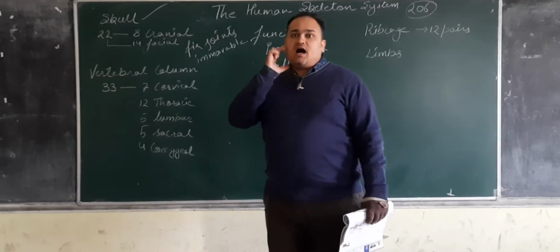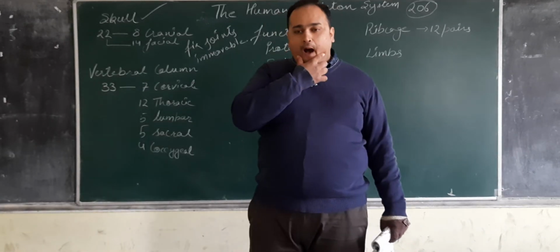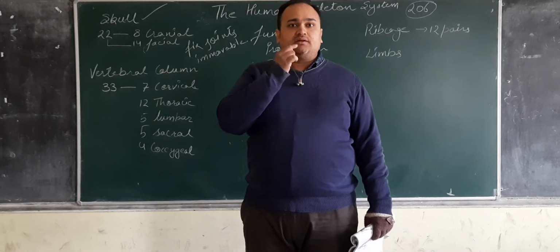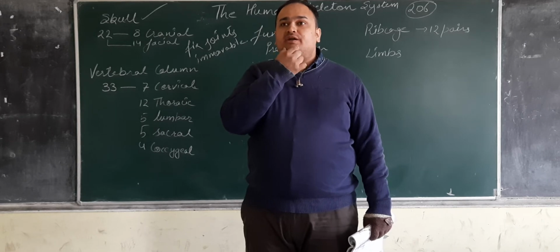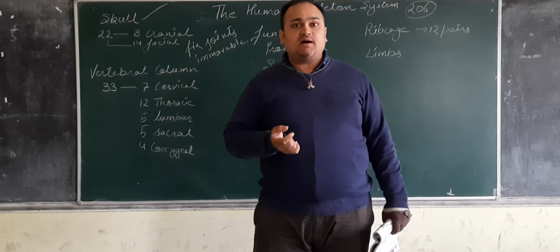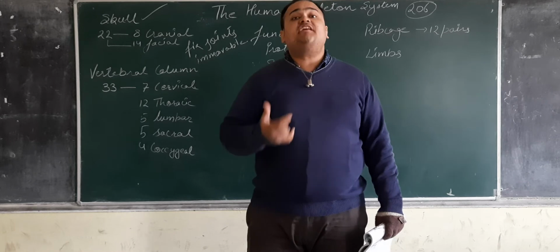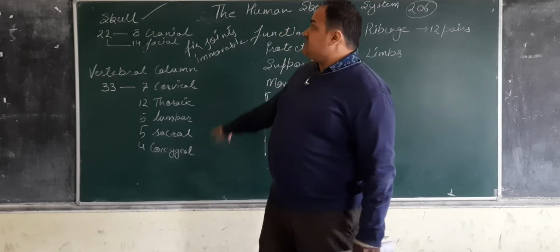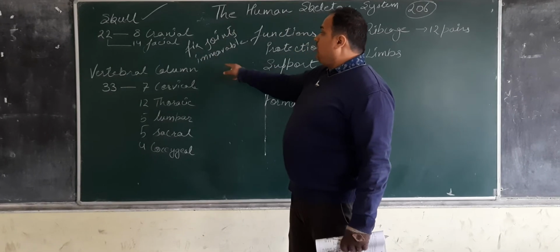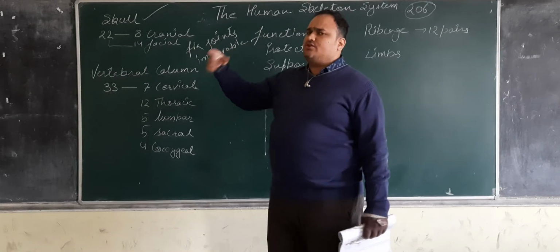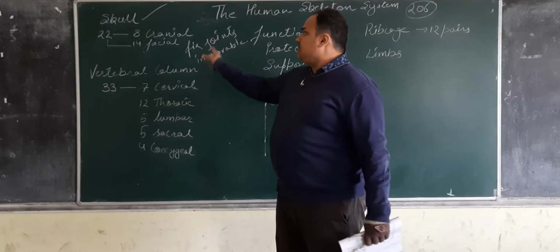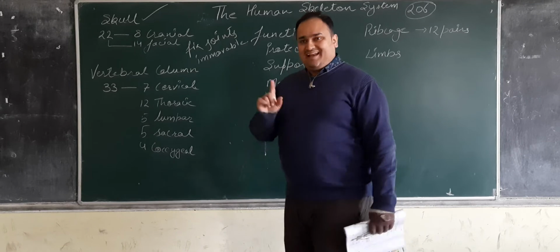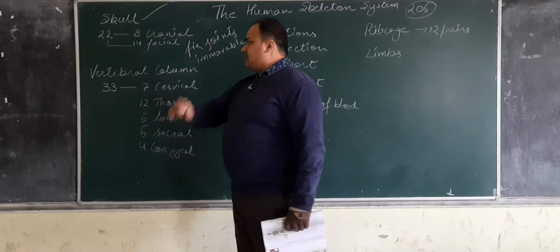For example, I am only able to move my jaw. I can't move my teeth by myself either. So they are fixed, they can't be moved. That is why most of our skull, I should not say all, most of it has immovable or fixed joints. Then next I have the vertebral column.